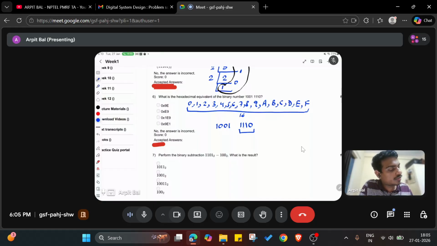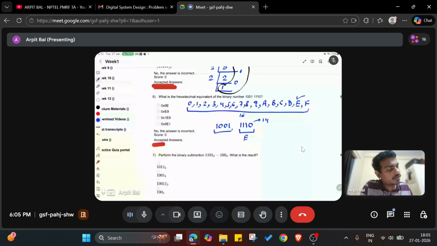So what is 1110 in decimal? 1110 is nothing but 14, right? So what is the 15th number in this list? Because the first one is 0, the 15th one is E. So this is nothing but element E.